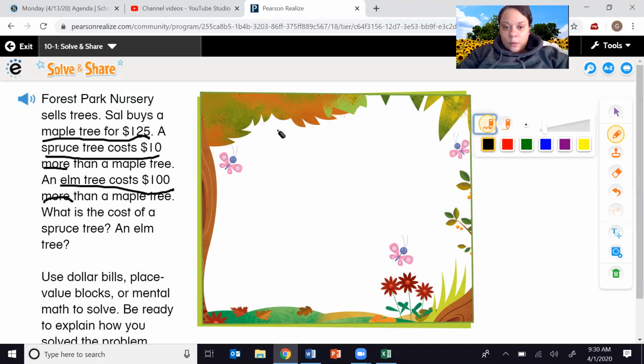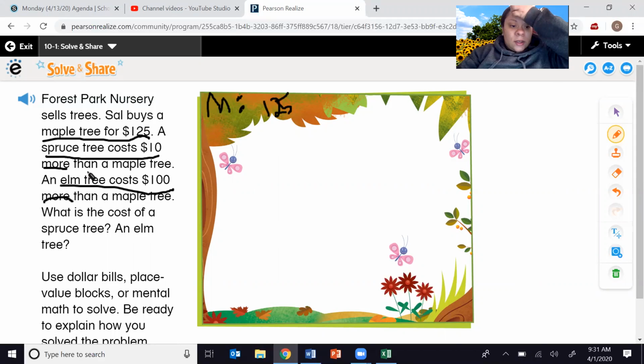Now what helps me, and I've told you guys this before, is to just write it down. So I'm going to put M for maple tree. I'm going to put 125. And then I'm going to put S for spruce tree. They say it costs 10 more than a maple tree.